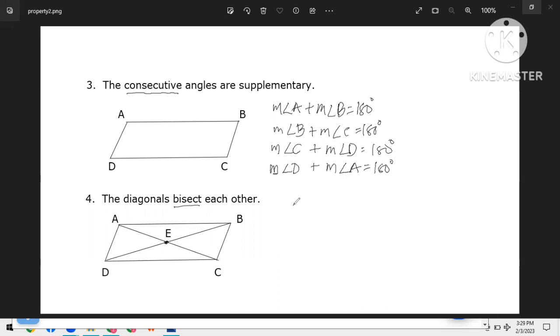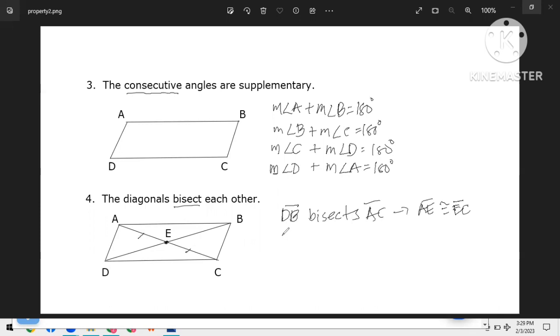So, since DB bisects diagonal AC, ano ibig sabihin nun? It means that segment AE is congruent to segment EC, di ba? Binabisect niya, meaning this one is congruent to this one, okay?